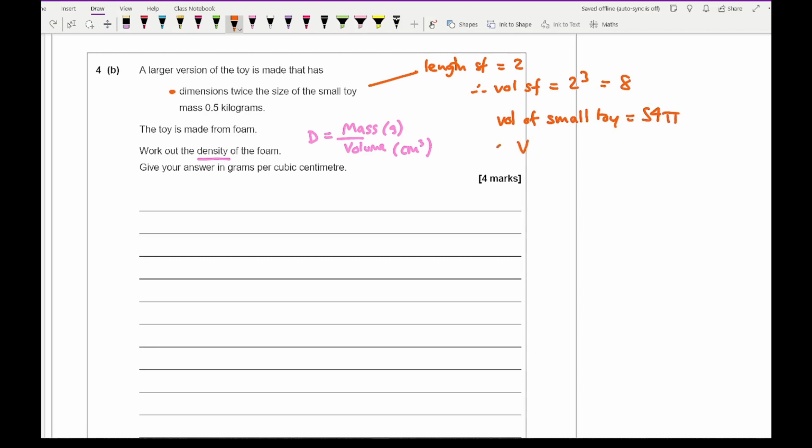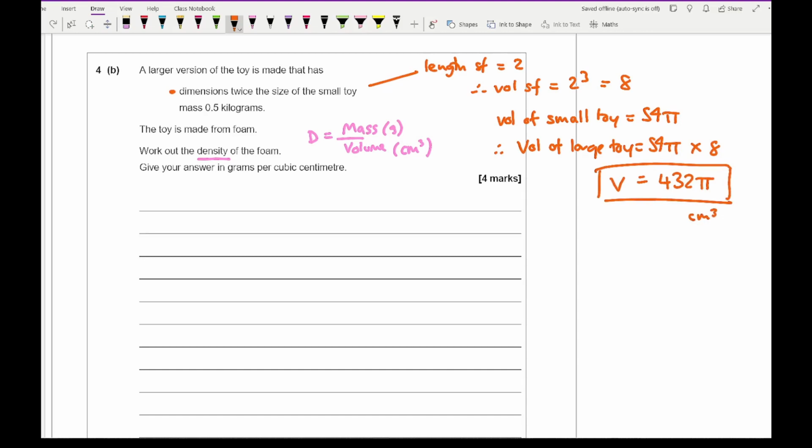So the volume of the large toy is going to be 54 pi times 8, which gives me an answer of 432 pi, and that's in centimetres cubed. Then I need to work out the mass in grams. Well, it's told me that it's 0.5 kgs, so that in grams is 500 grams. So that means that the density, therefore, is going to be 500.